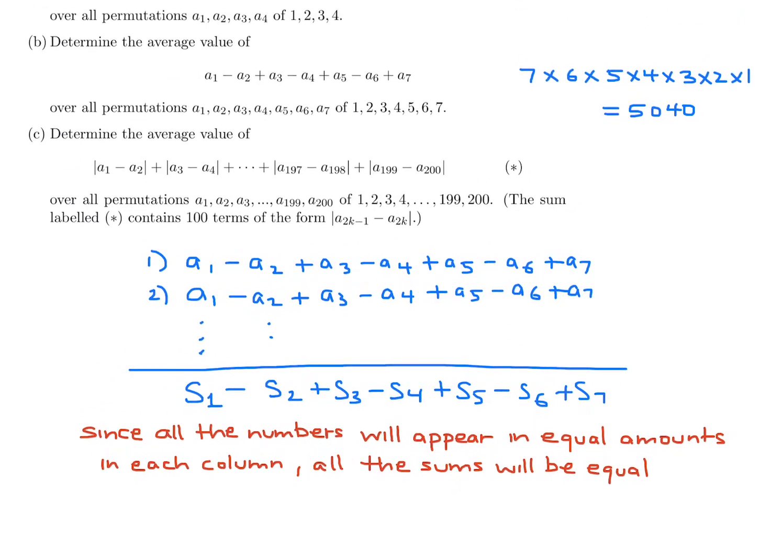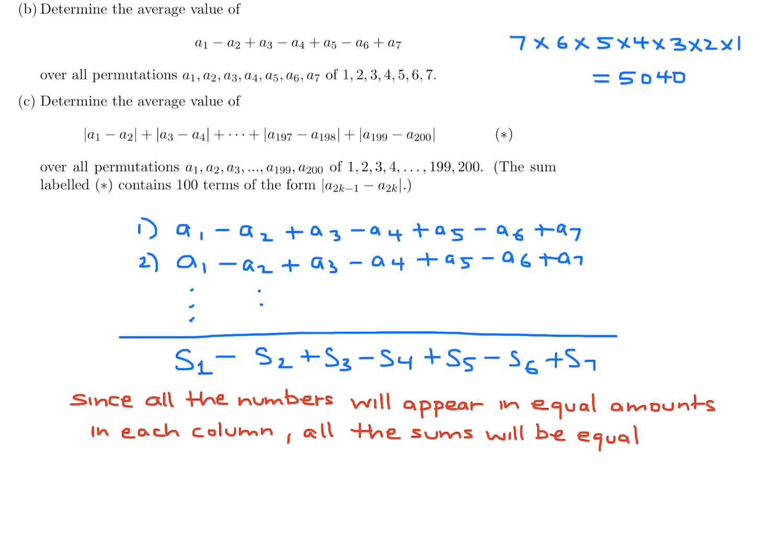And I just wrote it out in sort of a sentence format that since all the numbers will appear in equal amounts in each column, all the sums will be equal. So that means all of these guys are equal, just how previously they were all 60. These will all be equal. The number, however, I don't know yet, but I do know that S1 will be equal to S2, will be equal to S3, and so on. S5, S6, S7.